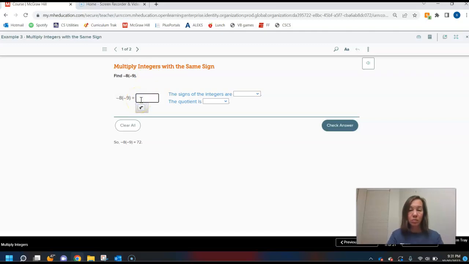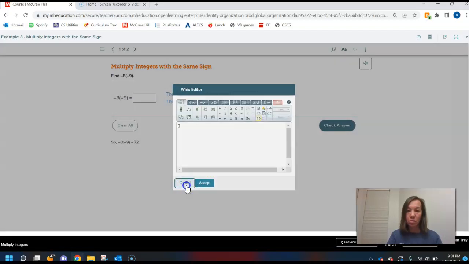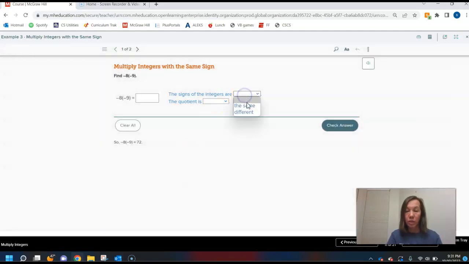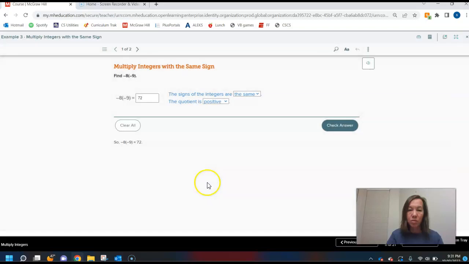What's happening here? Anyway, the signs of the integers are the same. So the product, that should say product, is positive.